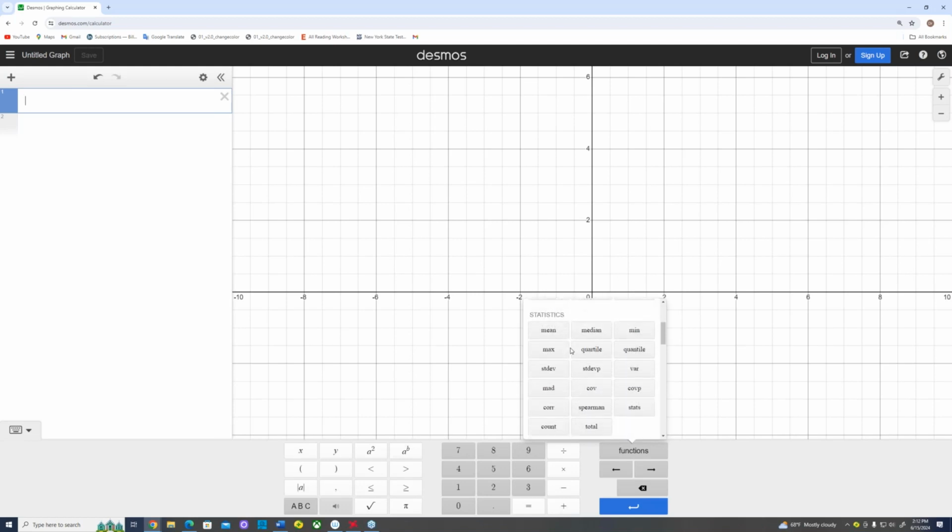You have a lot of stuff, and you have statistics. In these statistics, you have minimum, median. So you have median.